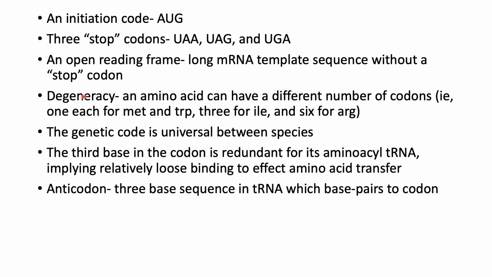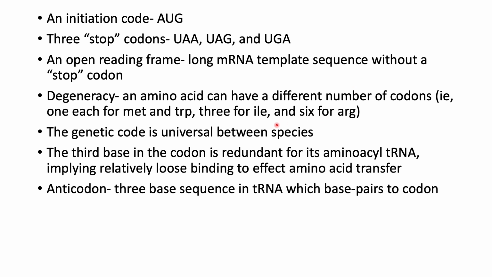Degeneracy is needed because you have 64 codes. 4 of these are taken up as a stop codon and the initiation code. So that leaves you with 56 among 20 amino acids. So to give an example, there's 1 each for methionine and tryptophan, 3 for isoleucine, and 6 for arginine.